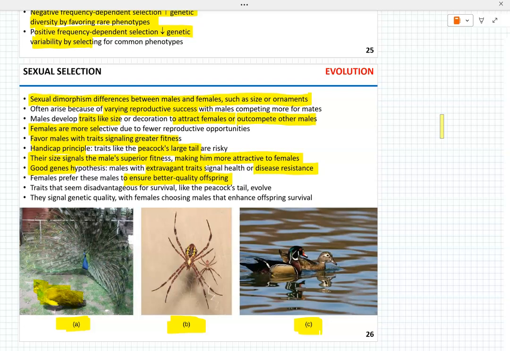In both the good genes and handicap principle concepts, traits like a large tail seem to be disadvantages for survival, but they signal to the females that this particular individual has more chances of survival and better genes. They signal the genetic quality.